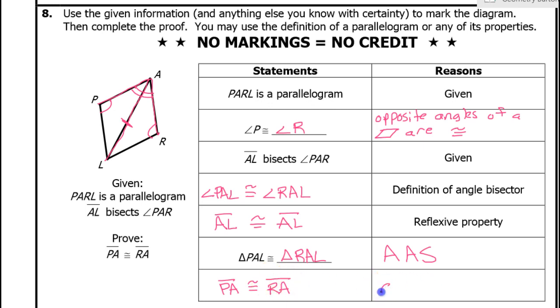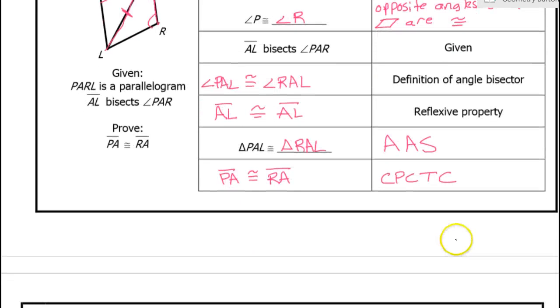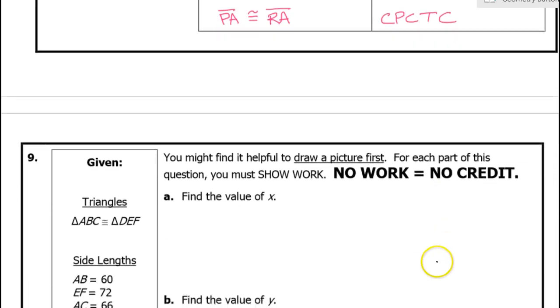Because we know that corresponding parts of congruent triangles are congruent. So we write CPCTC to abbreviate that. Corresponding parts of congruent triangles are congruent. Make sure you know what those letters stand for. All right, so that is it for proof number 8.